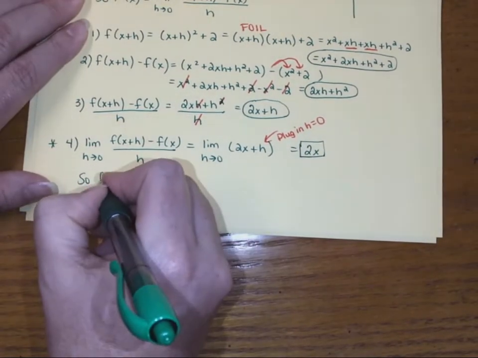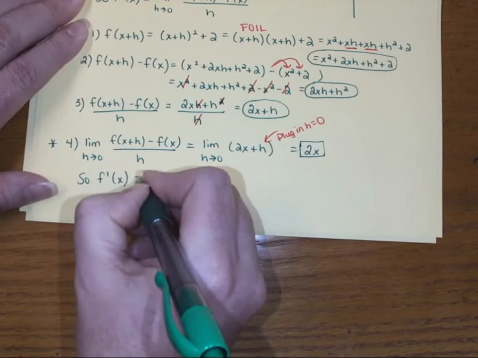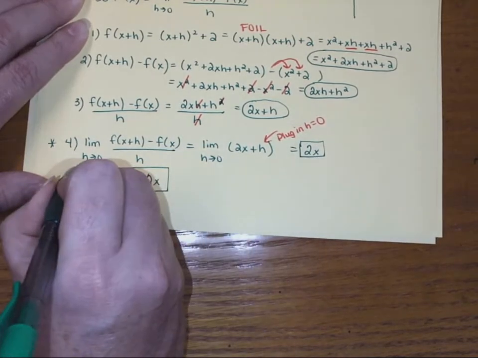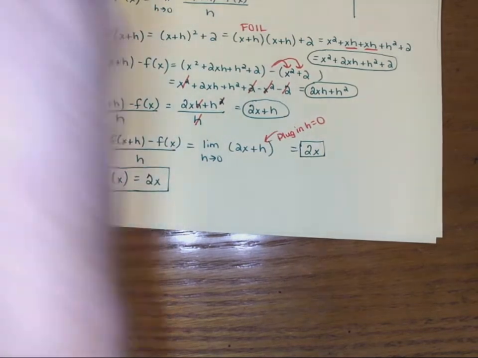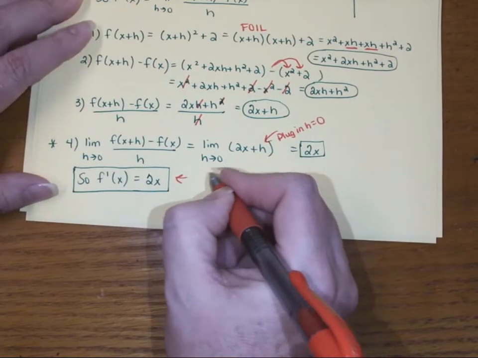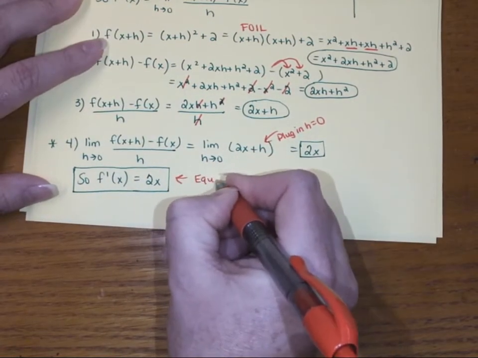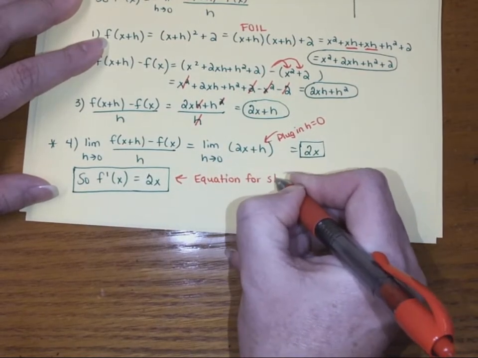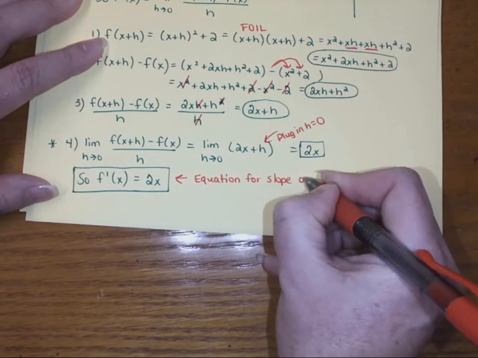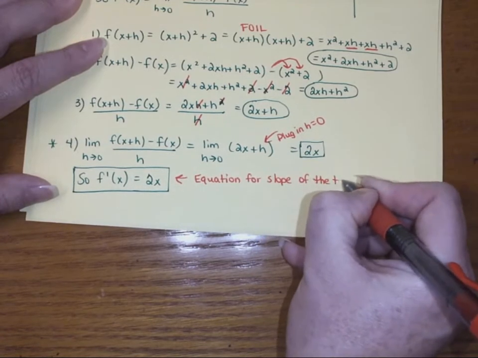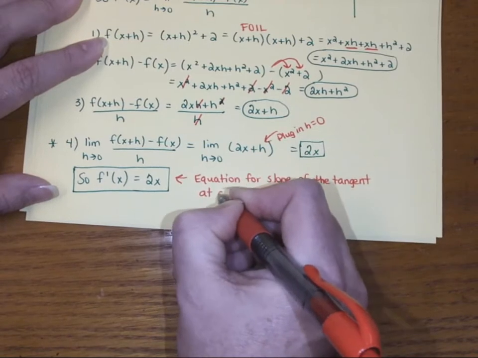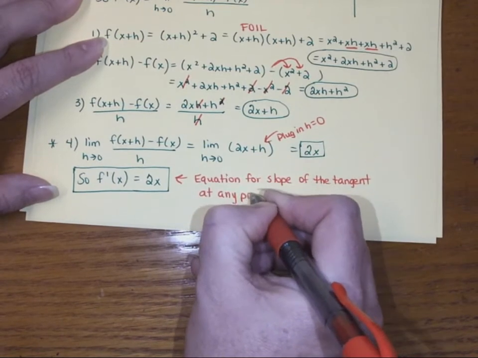So if we want to write it in function notation, the derivative equation is 2x. Notice I didn't get a number this time, and often you won't for the derivative. But this is the equation for the slope of the tangent at any point. Don't mistake this to mean that the slope is 2.